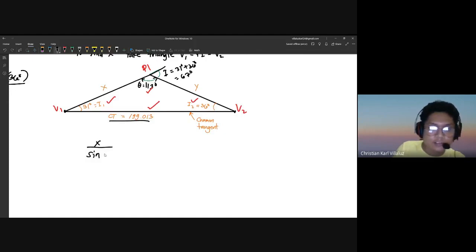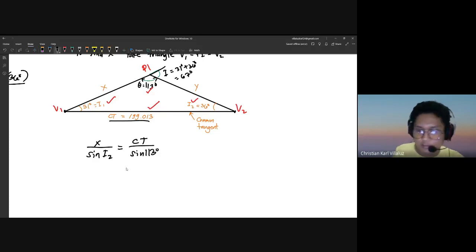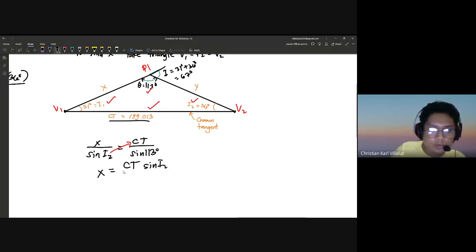So, x over sine of I2 is equals to, gamitin natin yung common tangent, over sine of 113 degrees. Okay. So, cross multiply natin to doon para matira yung x. CT sine I2 over sine 113 degrees.